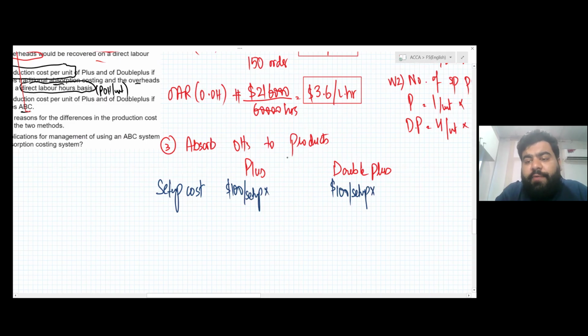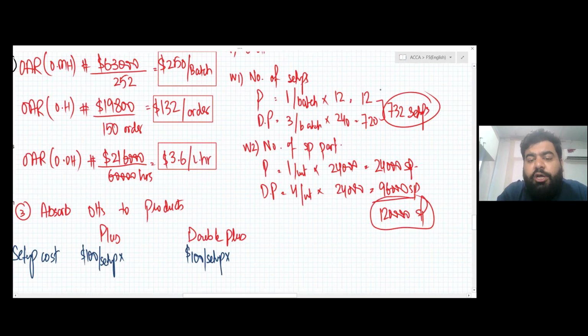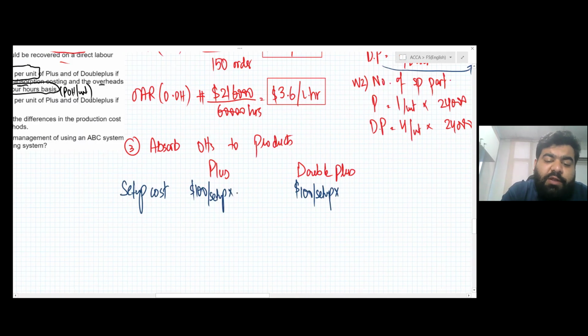In the working where we calculated the number of setups, 12 setups were for plus and 720 setups were for double plus. So we will multiply with the number of setups of the relevant product.